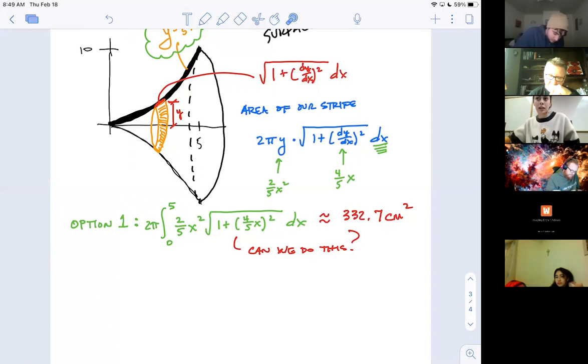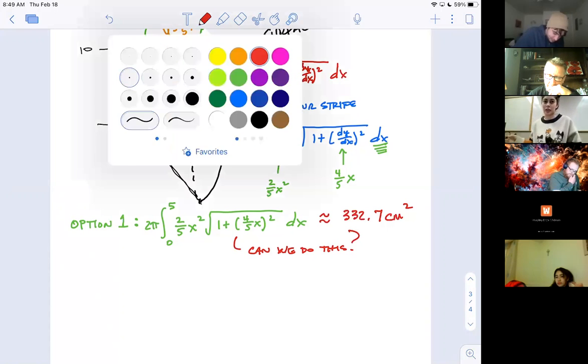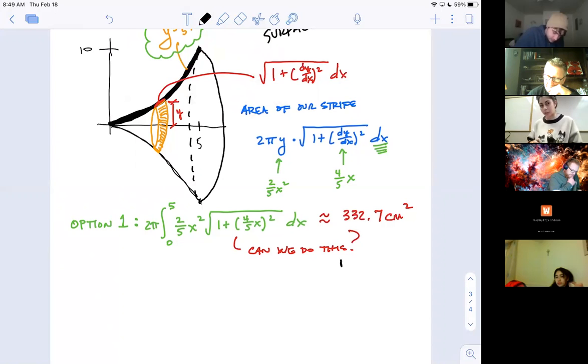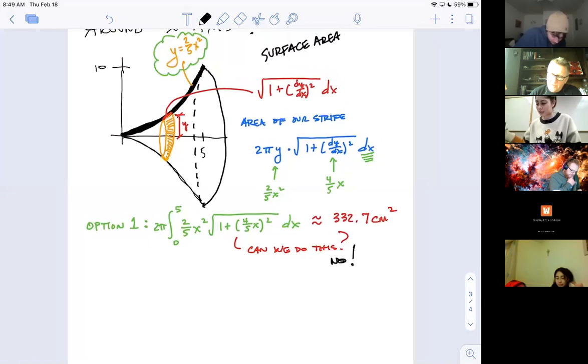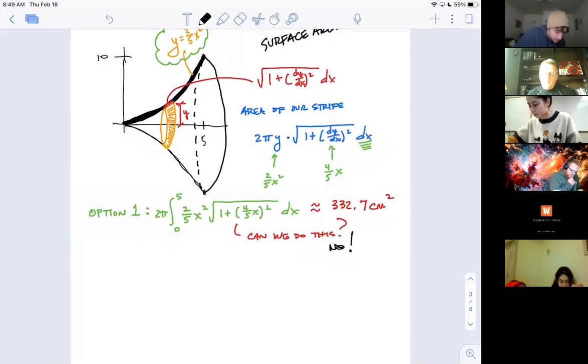I think that's what I started doing. I switched everything over to y's and I wrote out something completely different. And we may be going that direction right now. Now, there is another option to this, which is why I called that option 2. So let's consider that for a second.